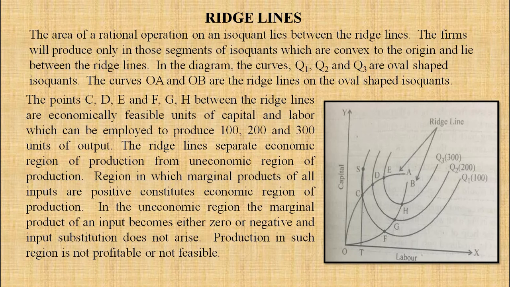The region in which marginal products of all inputs are positive constitutes the economic region of production. In the uneconomic region, the marginal product of an input becomes either zero or negative, and input substitution does not arise. Production in such a region is not profitable, not feasible. This is about the ridge lines.